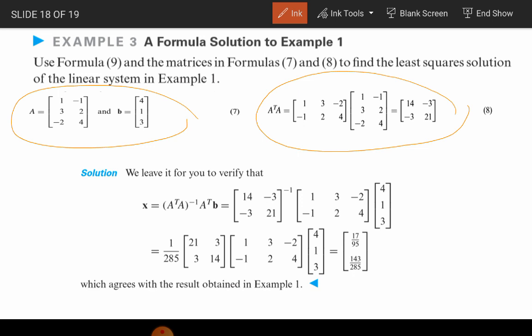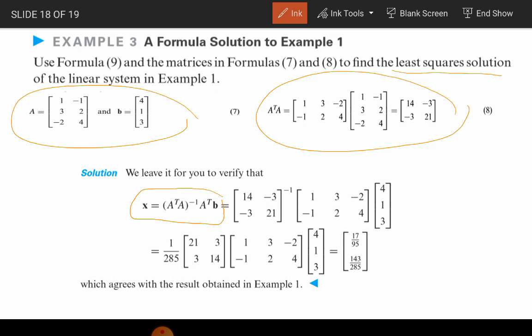You are given this matrix, and you want to find the least square solution of the linear system, so we use this formula.